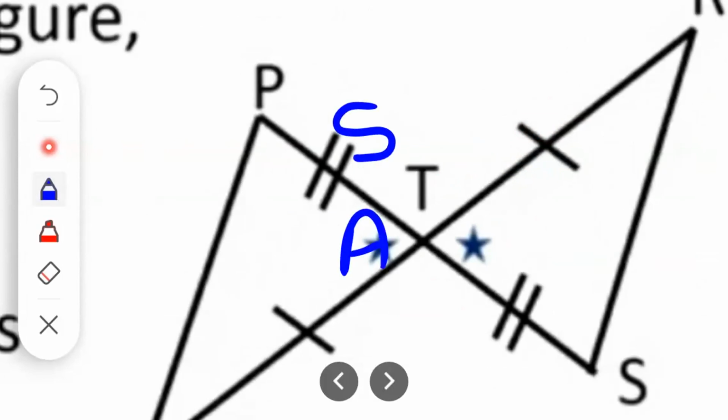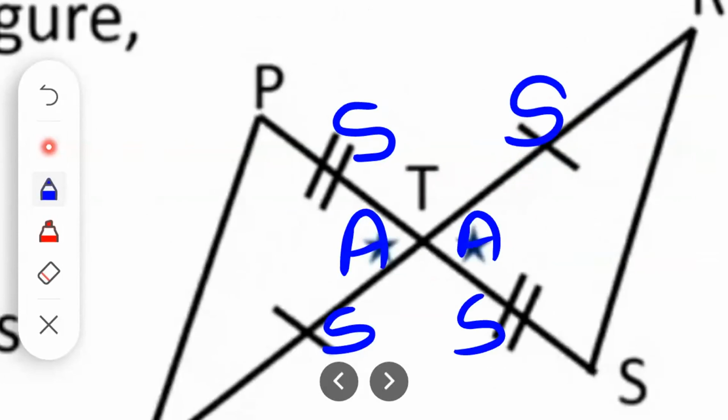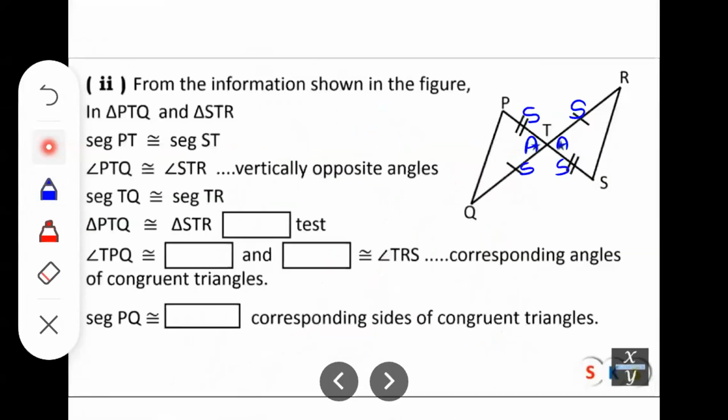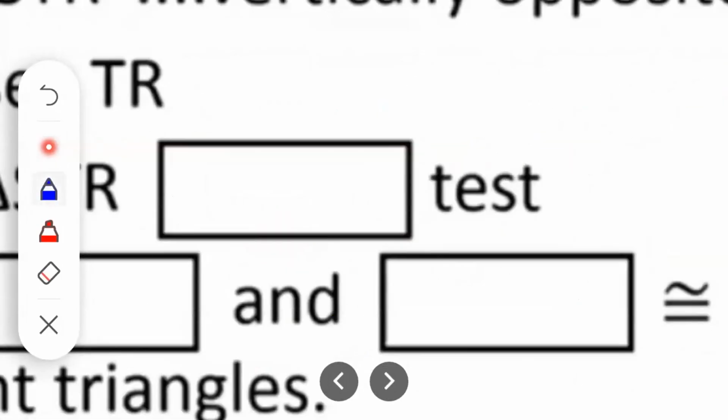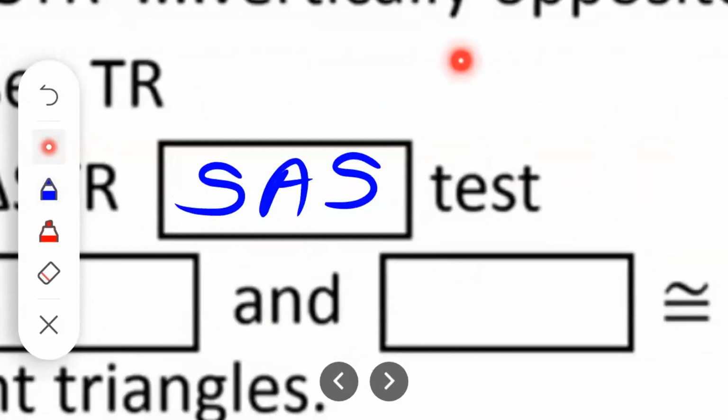Side angle side test. So by SAS test, the given two triangles are congruent to each other. So hereby SAS test of congruency.